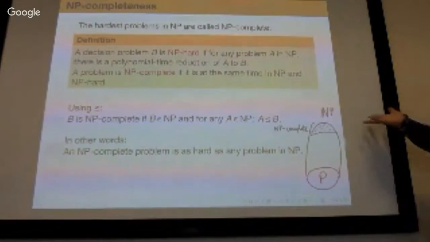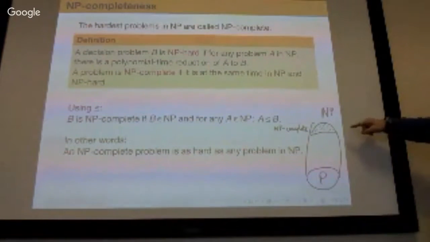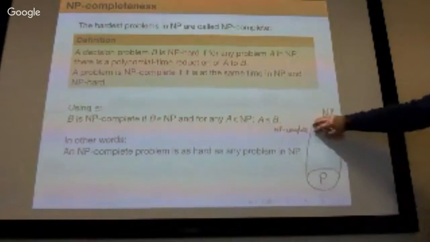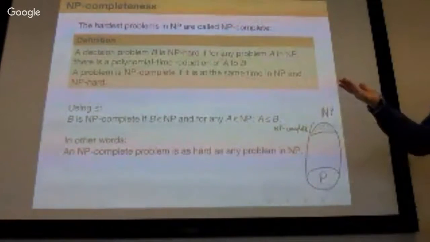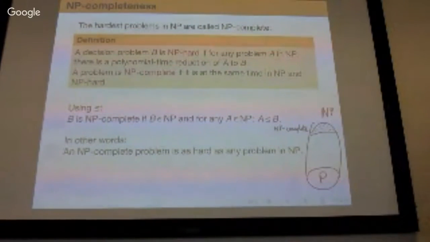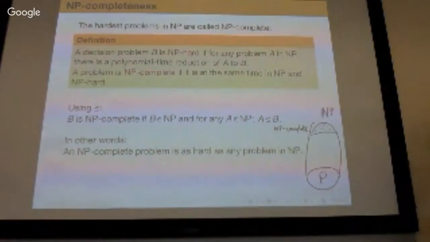So the current state of science is that nobody knows whether this whole class is solvable in polynomial time or not. This is where we stand. People have been trying for the past 50 years or so.